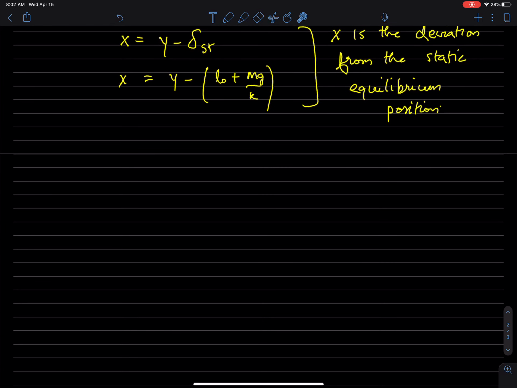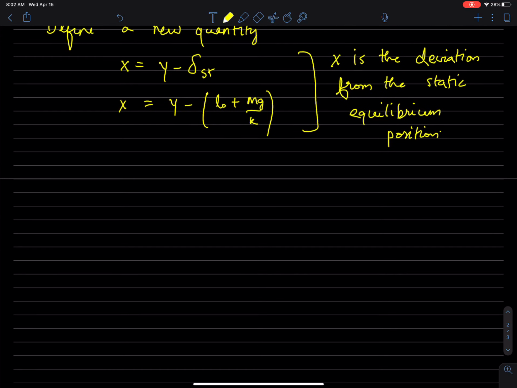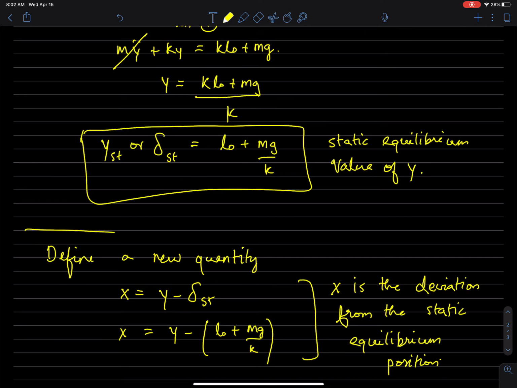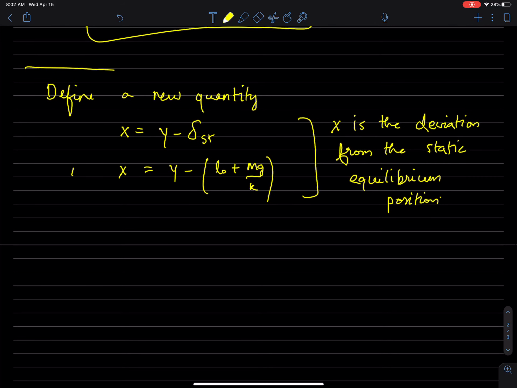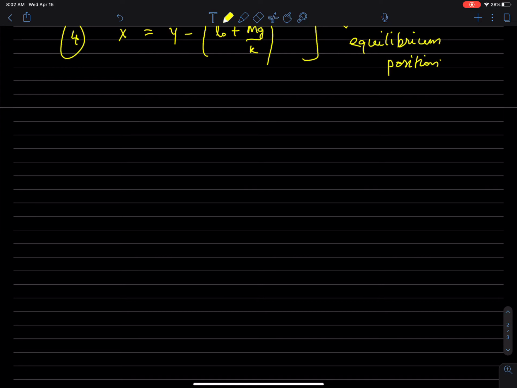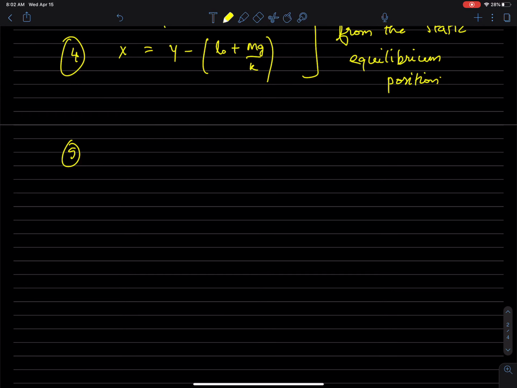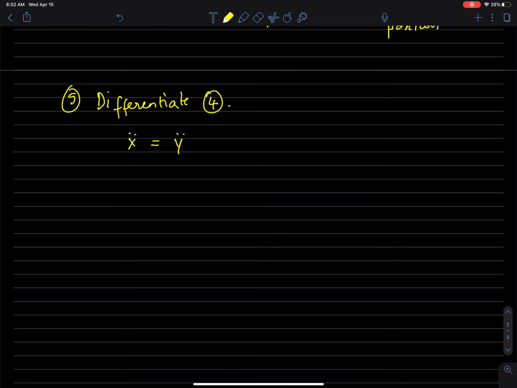Okay, let's call this 3, let's call this 4, and then if you differentiate 4, you get x double dot equals y double dot, because all these other things are constants. So use 4 and 5 in 1.